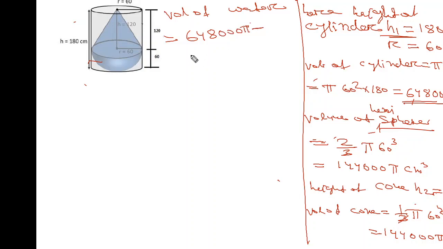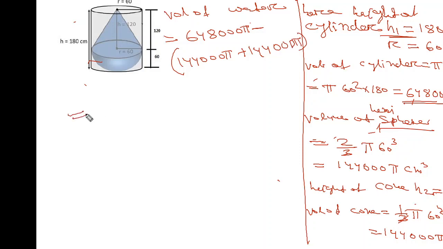So minus hemisphere is here 144,000 pi plus, you can put a bracket here, cone is the same also, 144,000 pi.